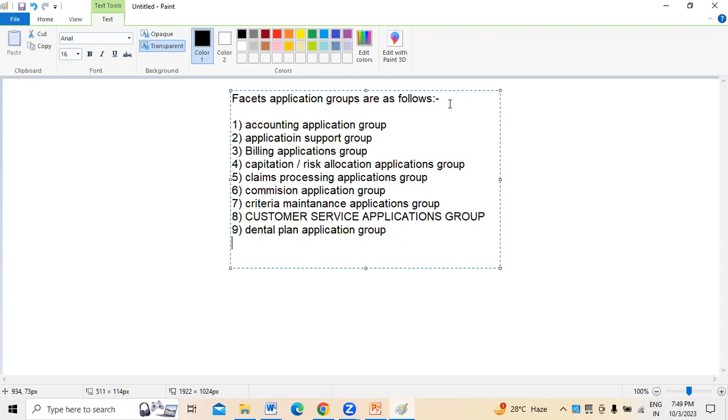Whatever the accounting period, whatever the line of business we have, whatever the payments as well as reductions we have, and at the same time the payer information, bank account details, all these things come under the accounting application group. So you can just make a note of it. Because there are a lot of points, I'll just give you some overview.